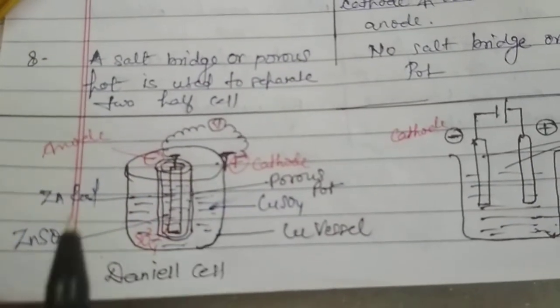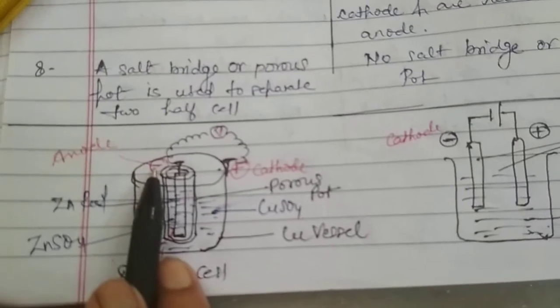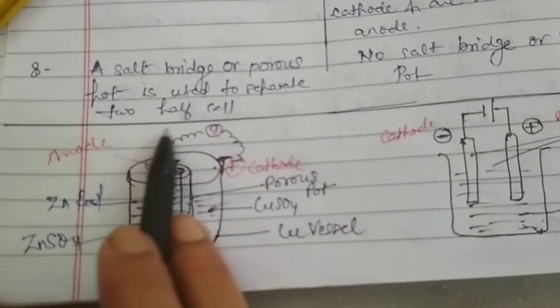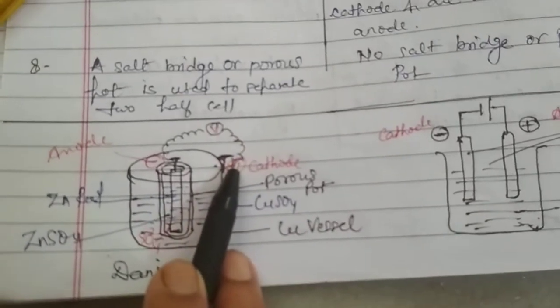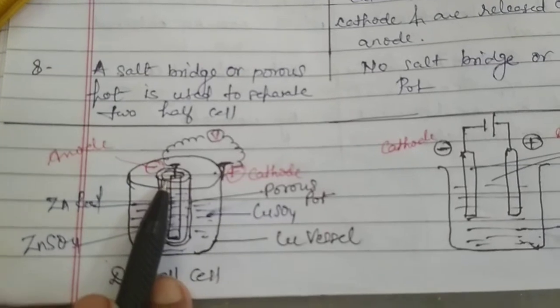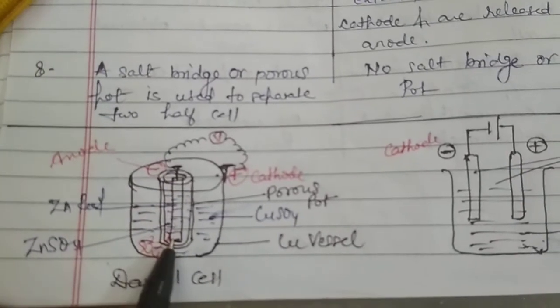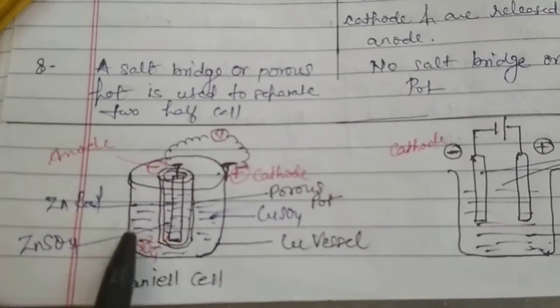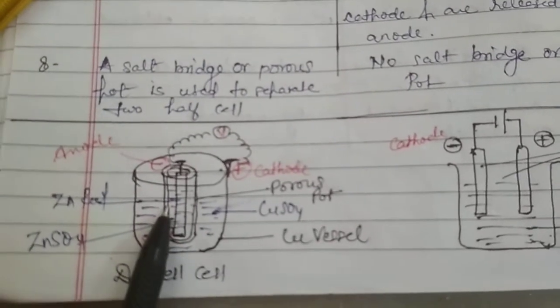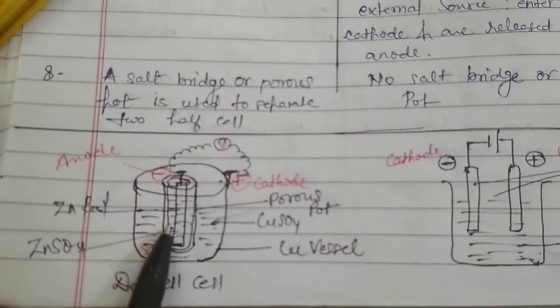It is connected by a voltmeter. As oxidation takes place at the anode, the flow of electrons would be from anode to cathode, and the flow of current would be from cathode to anode. The porous pot maintains electrical neutrality, just as we used a salt bridge to complete the circuit as well as to maintain electrical neutrality.